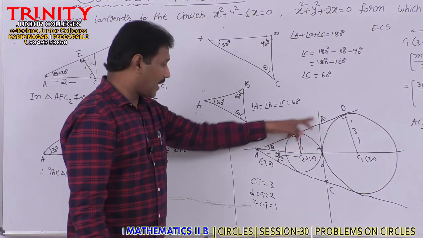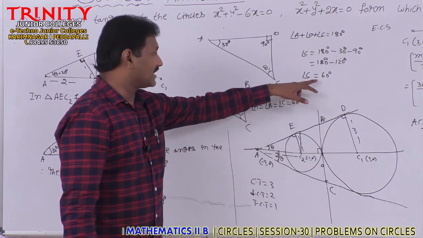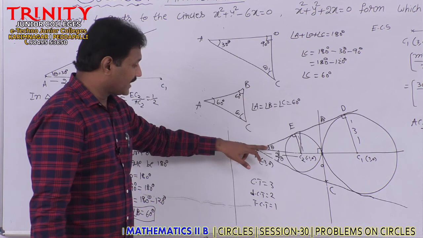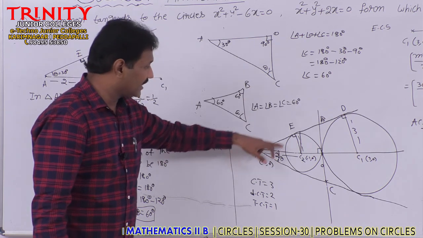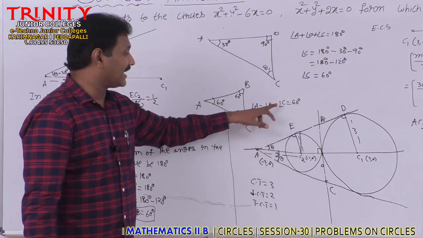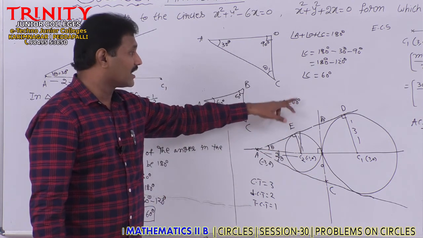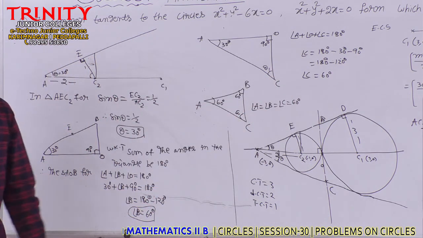The same property is applied below in triangle AOC, so angle C equals 60 degrees. This part is 30, this part is 30, total 60. Angle A is 60 degrees, angle B is 60 degrees, angle C is 60 degrees. The three angles are equal, that is 60 degrees. Therefore, the given tangents form an equilateral triangle.